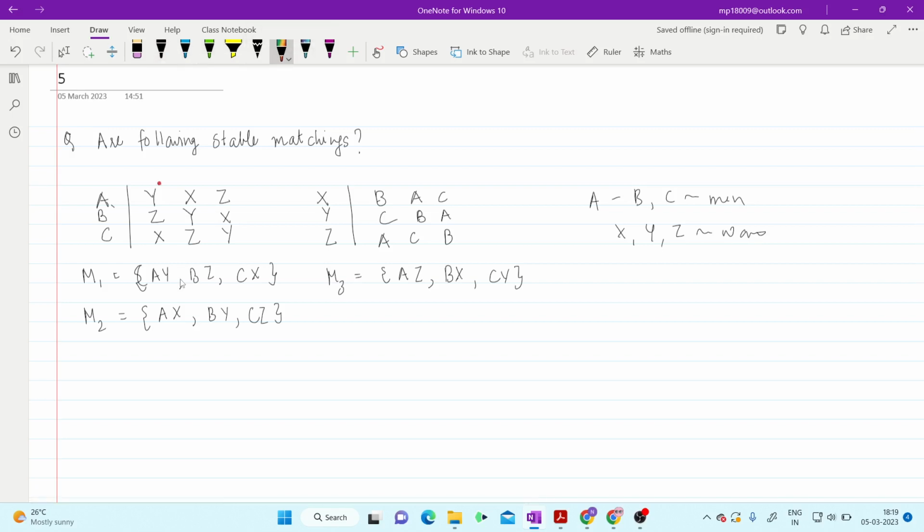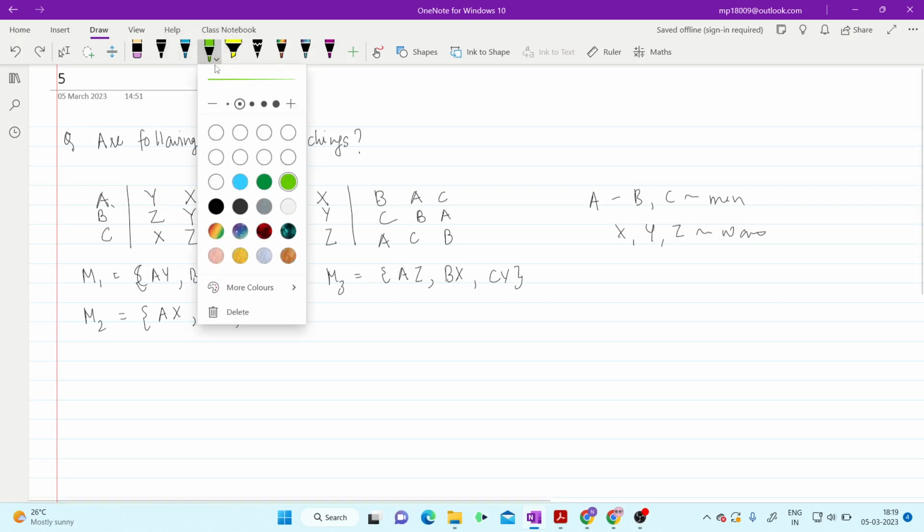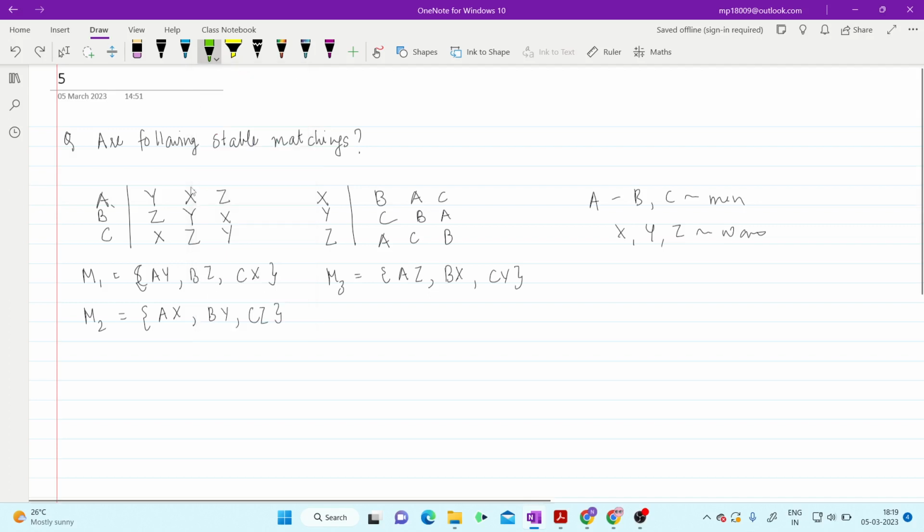First, AY, BZ, CX, with preferences Y, A, Z, B. So is this a stable matching?